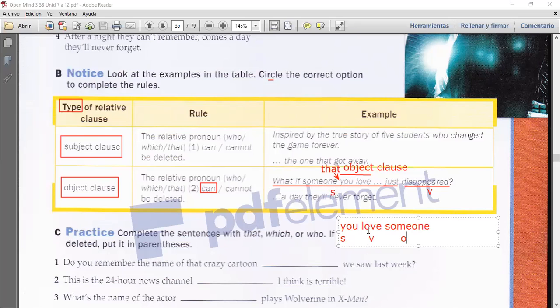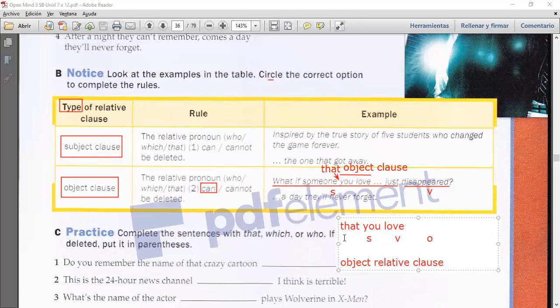We can introduce this. This is called object relative clause. We can introduce this one in the main sentence. And this someone, it's gonna be that. And this that comes here, like that, okay?